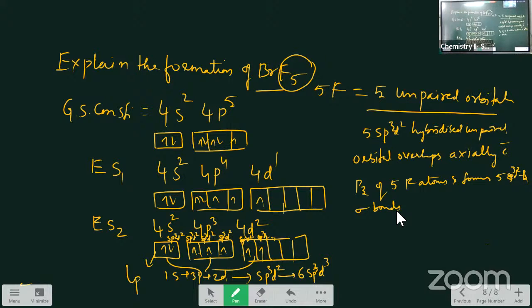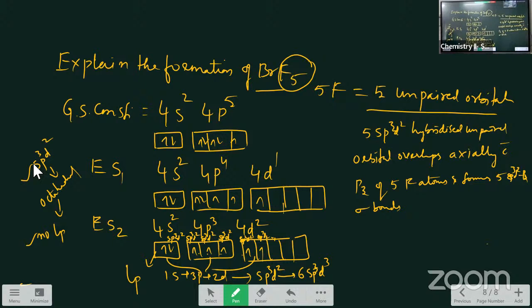Okay. Now according to VSEPR theory, when hybridization is sp3d2, the geometry should be octahedral. यहाँ पे condition क्या है? No lone pair. When there is no lone pair, when hybridization is sp3d2, then the geometry should be octahedral.